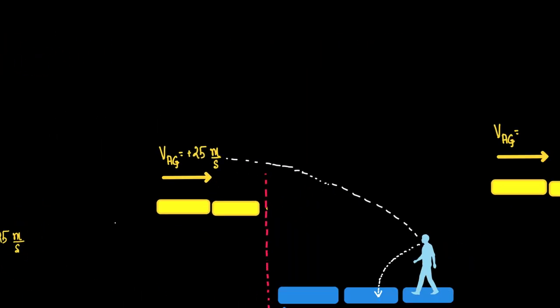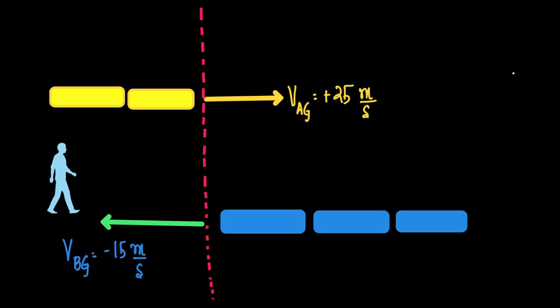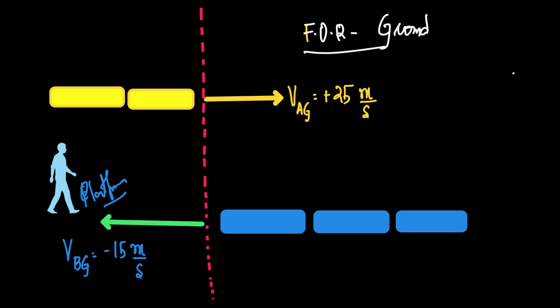To understand this, we need to spend some time visualizing the given scenario. Now, I assume the observer here is on the platform, which means the frame of reference in this scenario is the ground, right?